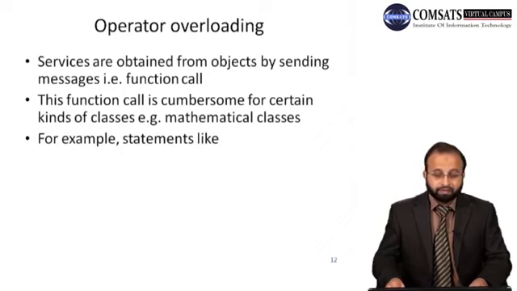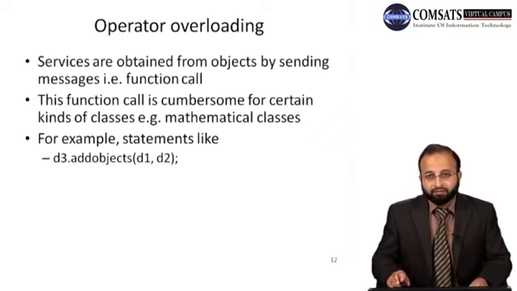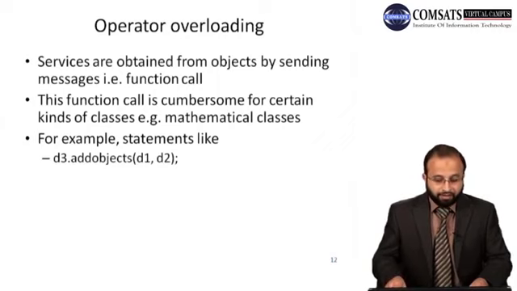So for example, a statement like d3.add_objects(d1, d2). We have seen this kind of function in the distance class, where we add the distance contained by the two objects and store it in d3, right? And we have also seen something like this: d3 = d1.add_objects(d2), right?